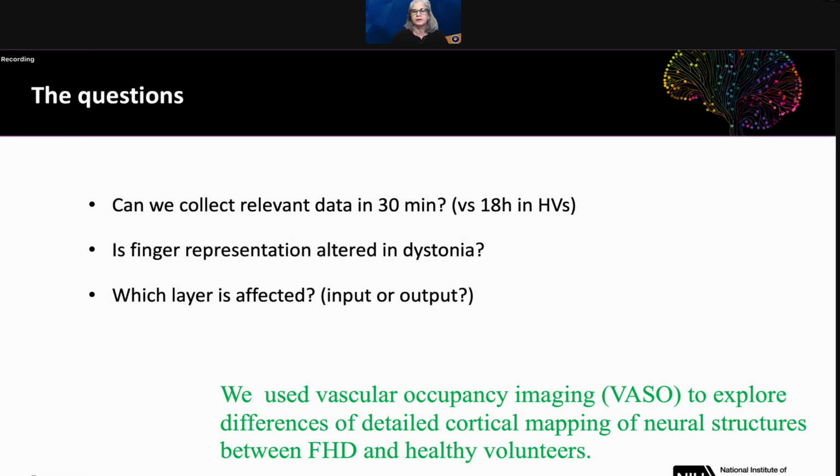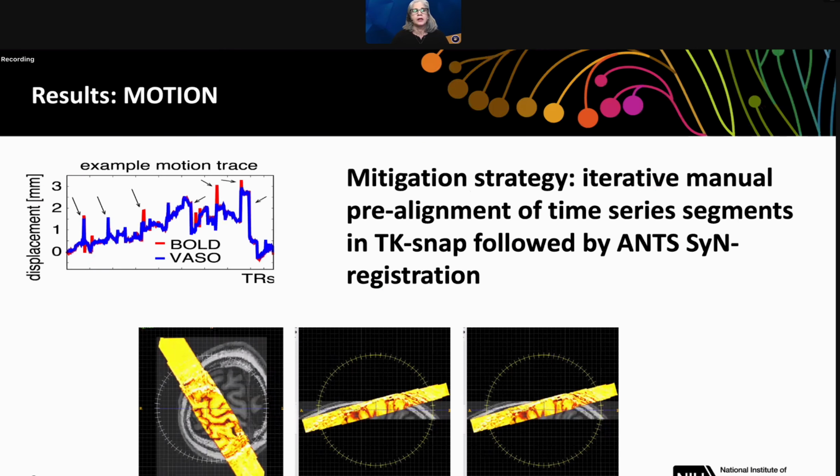So we use VASO signal acquisitions to detect the function of the sensory motor cortex in the patients. So we were able to collect data, right? We place our slab on the motor cortex, and we need to go through different processes.